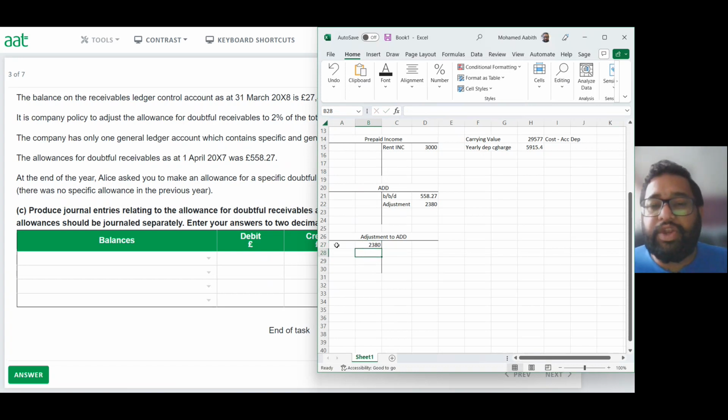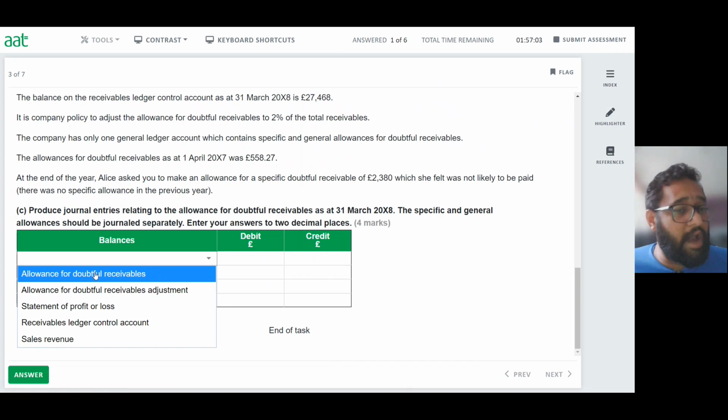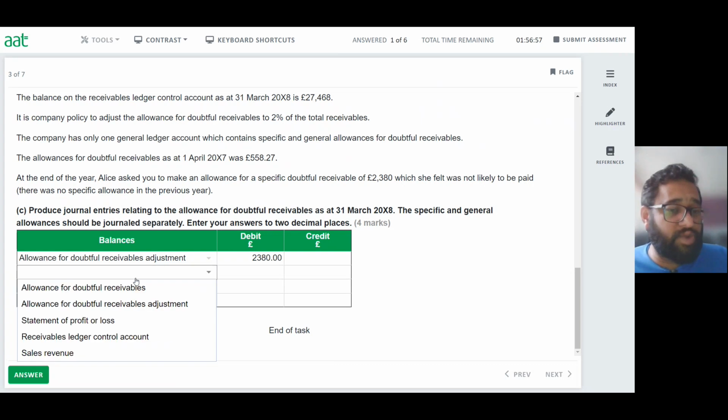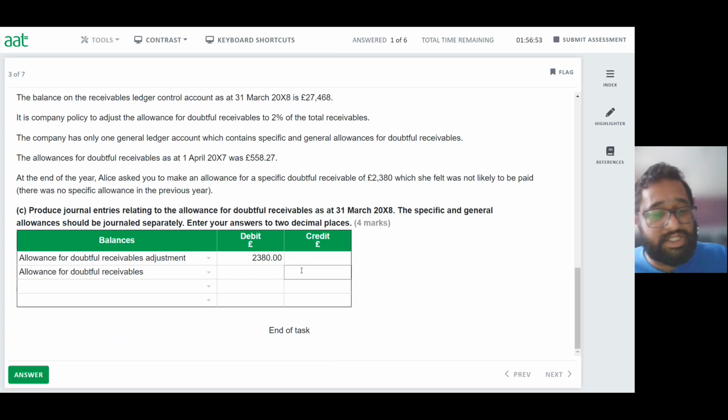But what we need to do here is enter a journal entry in a similar scenario. So we're going to say allowance for doubtful debt adjustment account will have 2,380.00. And the next one is allowance for doubtful debt receivables account. This is going to be 2,380.00.